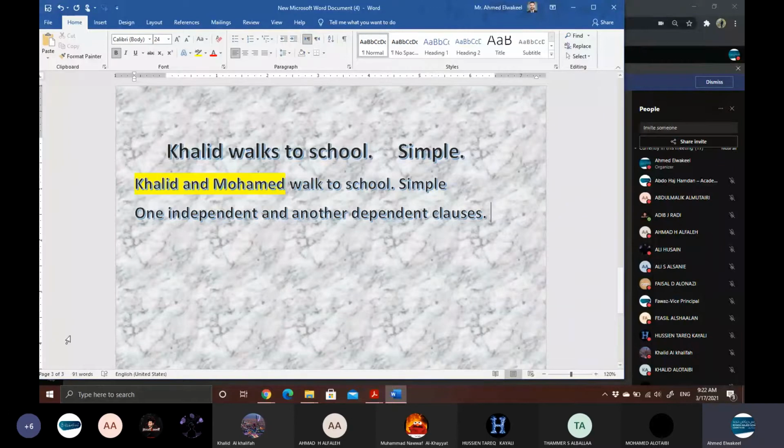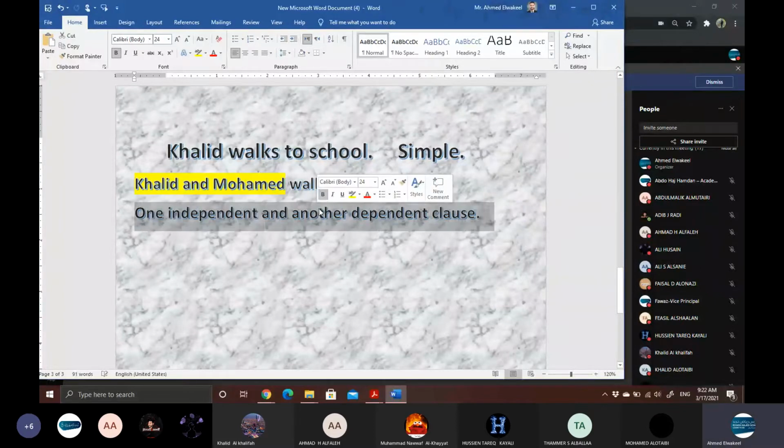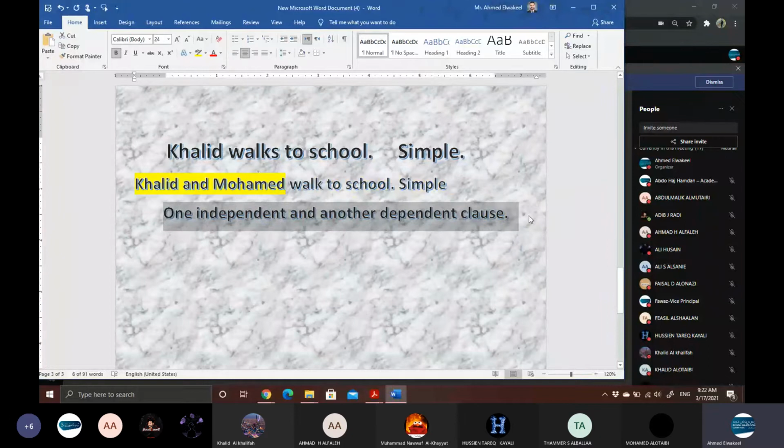One independent clause and the other independent clause also. So one independent and one dependent. One independent and one dependent. I don't understand. Can you give me an example?